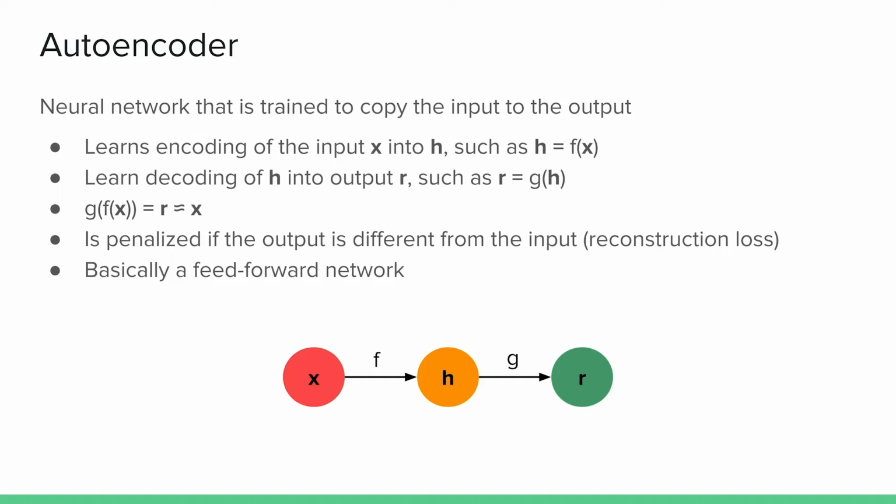So G of F of X should be X again, as close as possible, of course.